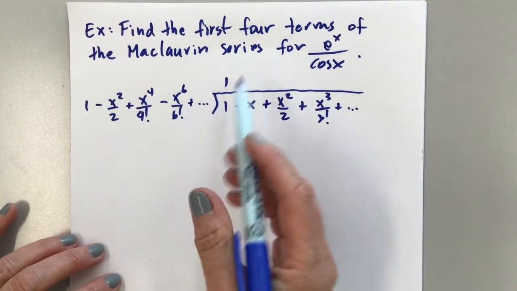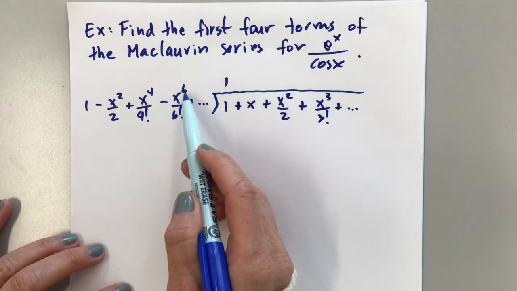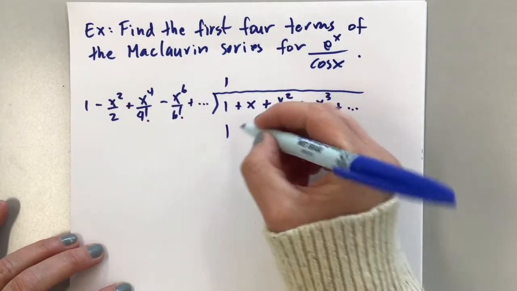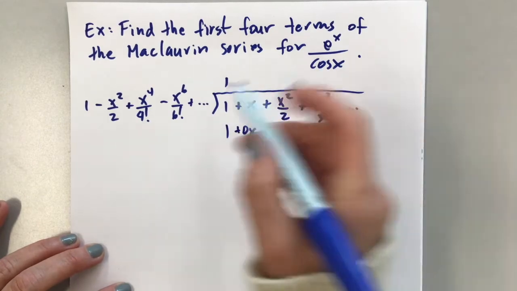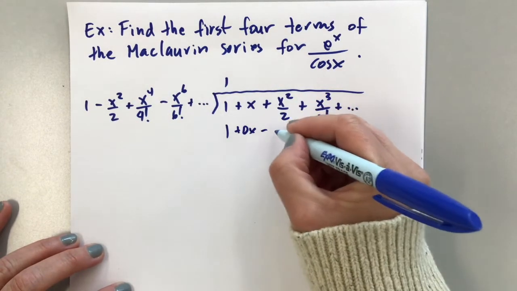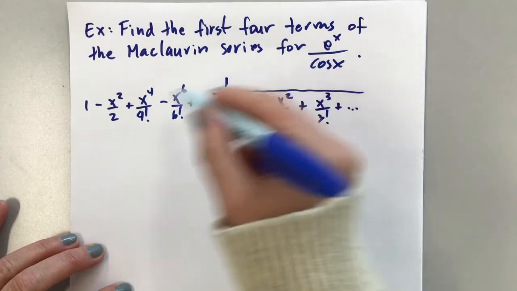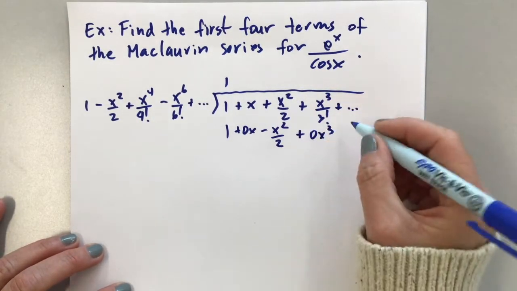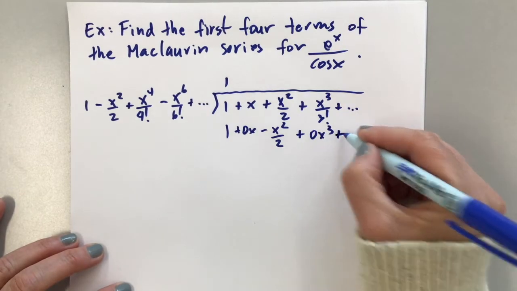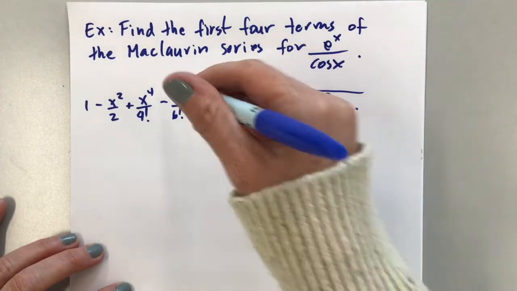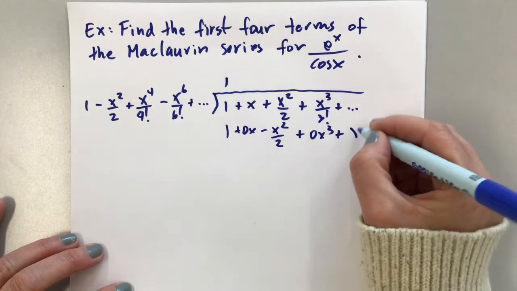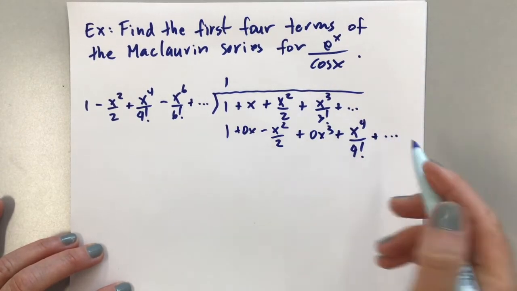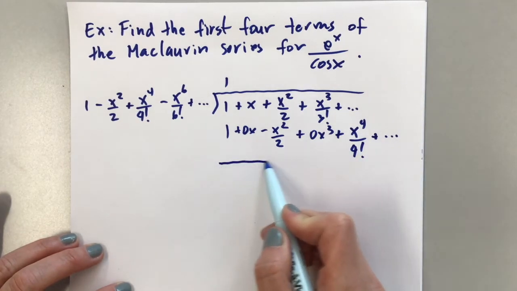Okay, and I'm going to put each term below the corresponding spot. So 1 times 1 is 1, and there's no x there, so plus 0x minus x squared over 2, then plus 0x cubed, and hopefully this is going to be enough, but then we would have plus x to the 4th over 4 factorial, etc. So we'll just stop right there.